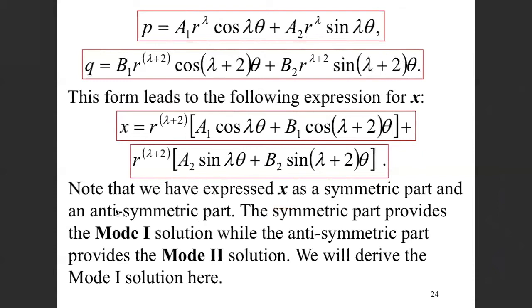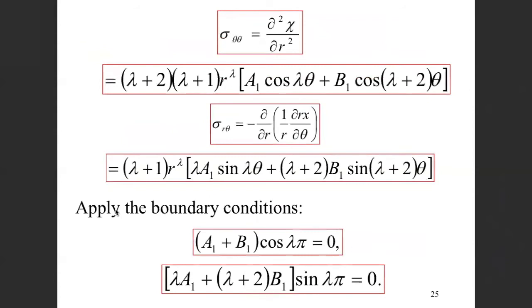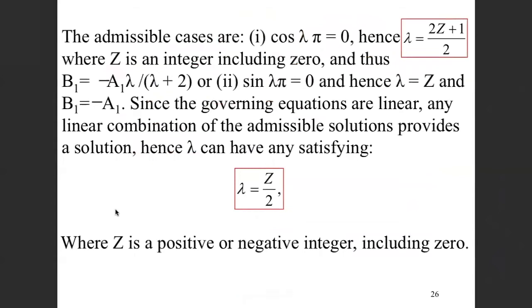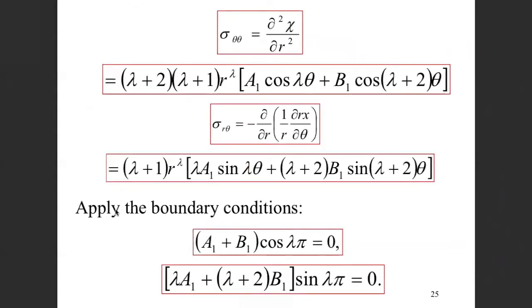And then how do we go from this to the actual solution is we apply the boundary conditions, right? And then this gets a little esoteric because we have this lambda parameter here, right? After we apply the boundary conditions, we have these, right?